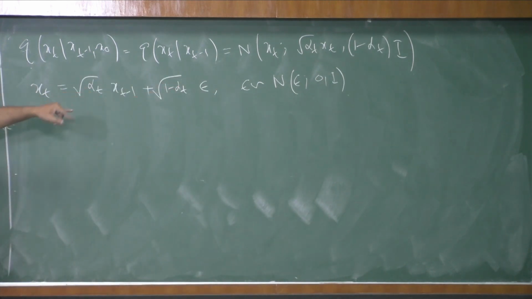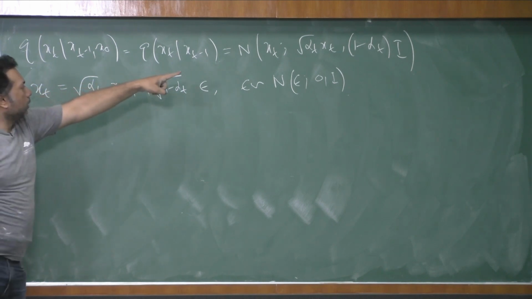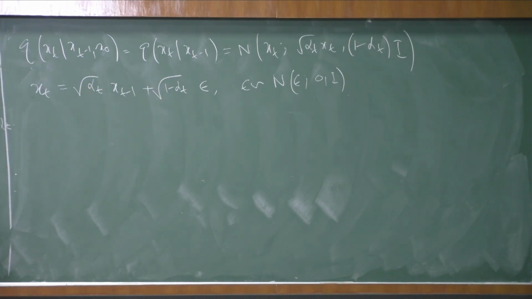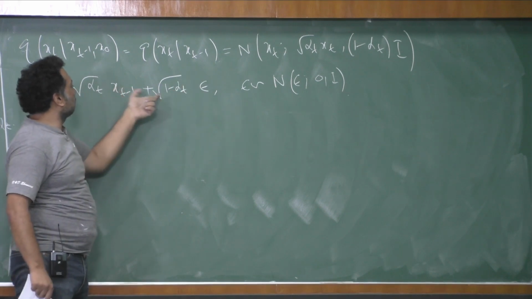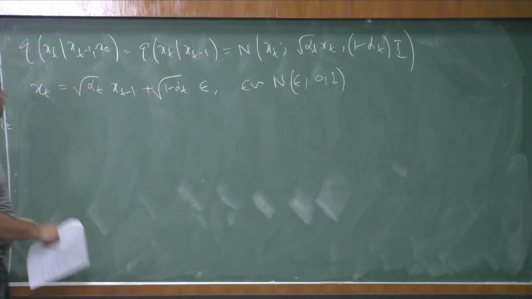But I can also see this as being generated like this: a sample with mean square root of alpha t and variance 1 minus alpha t. If you calculate the mean and variance of this, it will exactly give you what you have asked for in the template. This is the so-called reparameterization trick, where I generate the normal distributions with a proper scaling and translation of mean, making use of the standard normal.